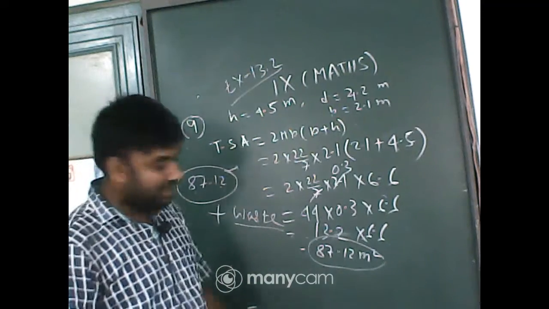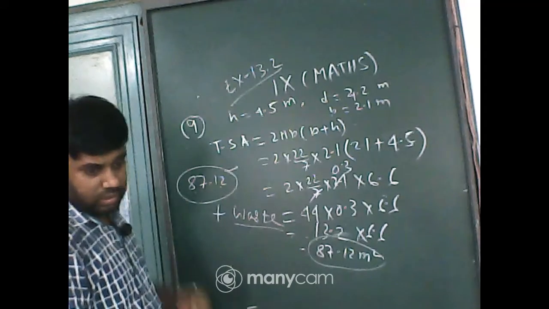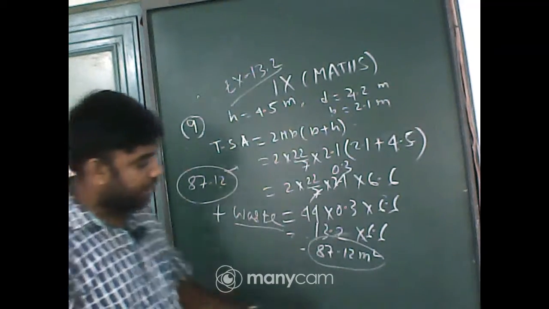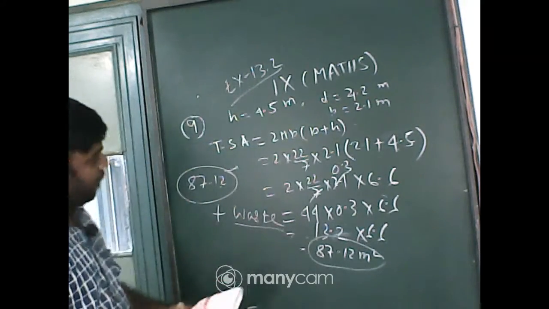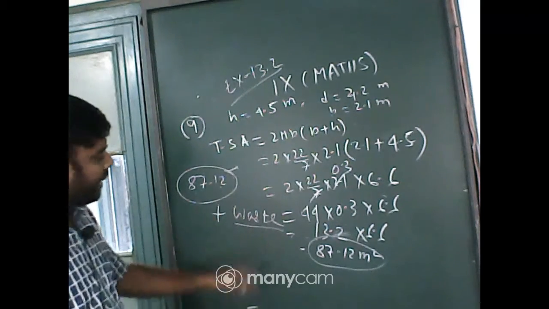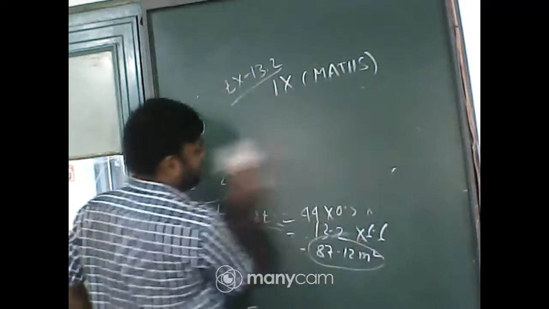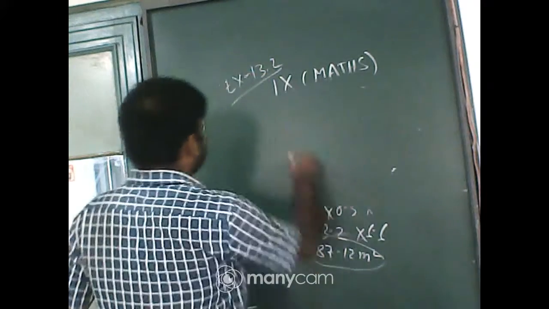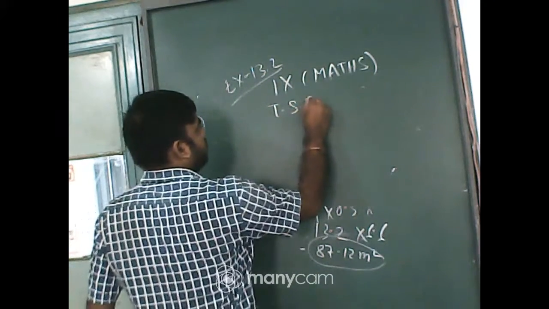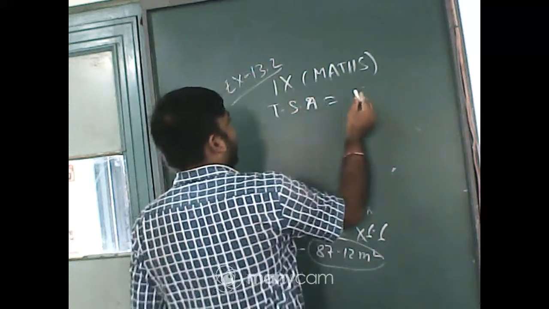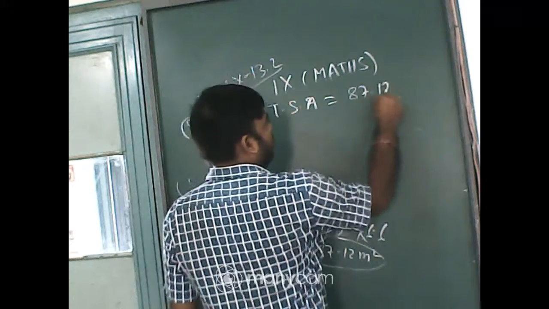Any problem with this line? Priya, Annesa, Ritika, Sohelika, Protoy, any problem with this line? Okay, so I hope you got that point. Now, total surface area is 87.12.